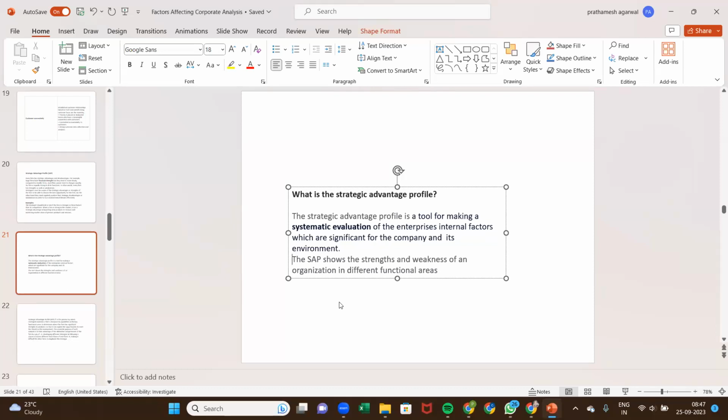Now, as I said, there are many functional areas in the organization: marketing, the HR department, the stores department, the purchase department, the finance department, and all.